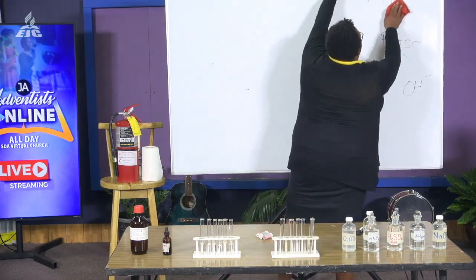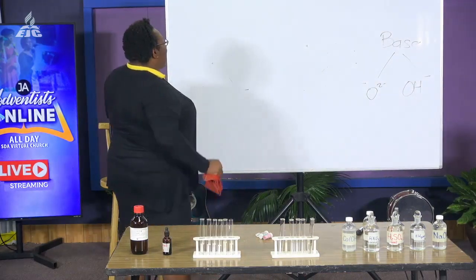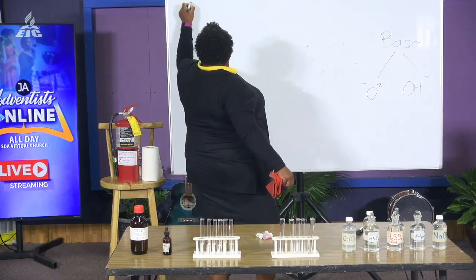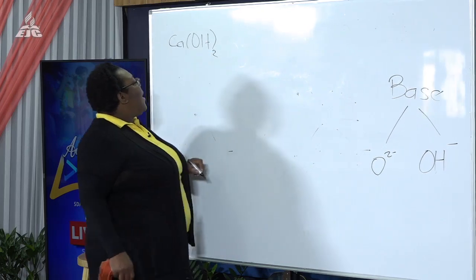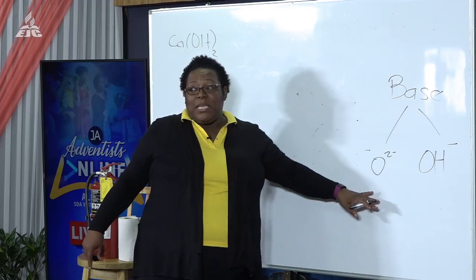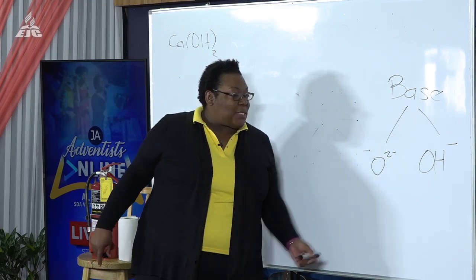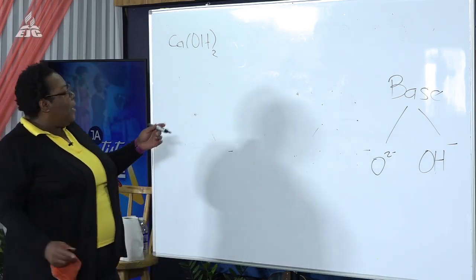Acids react with bases to form a salt and water only. All right, so we have here calcium hydroxide. Notice the name, calcium hydroxide. And again, I said, once the compound has in its name an oxide or hydroxide, it is a base. All right, but we get to that a little later on.